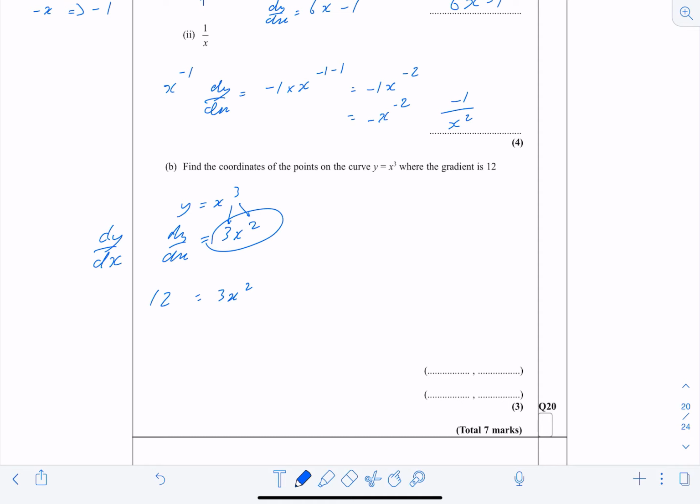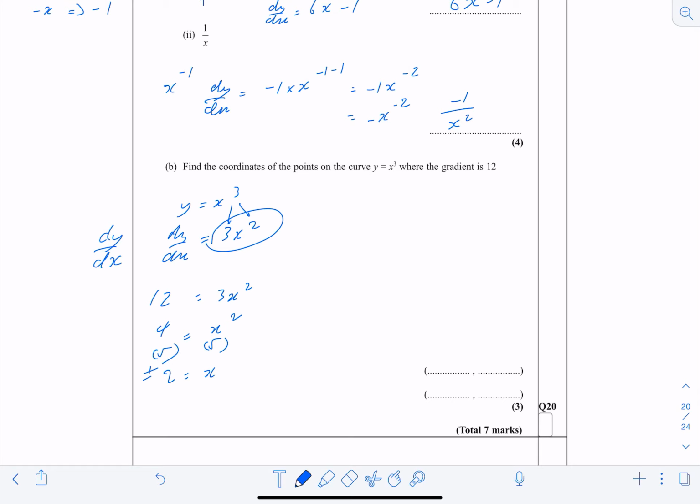This is just an equation for finding out what x is where the gradient is 12. So divide by 3, and I get 4 equals x squared. Oh, lovely. So x equals plus or minus 2, the square root of 4.